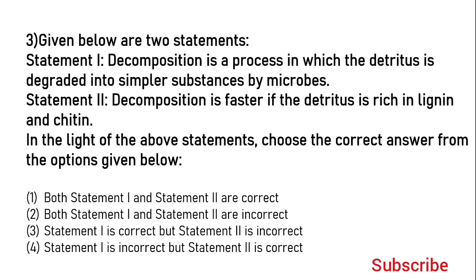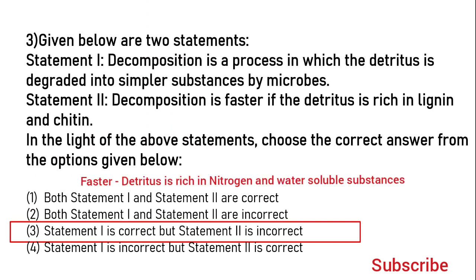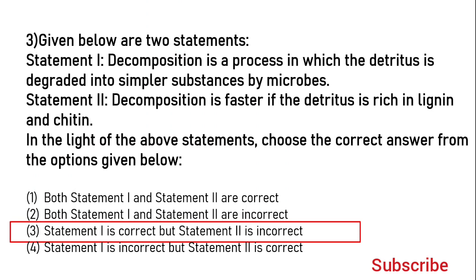So your correct answer will be option 3, that is statement 1 is correct but statement 2 is incorrect, because decomposition is faster when the detritus is rich in nitrogen and water soluble substances. But this process will be slower if the detritus is rich in lignin and chitin. So statement 2 is your incorrect statement.